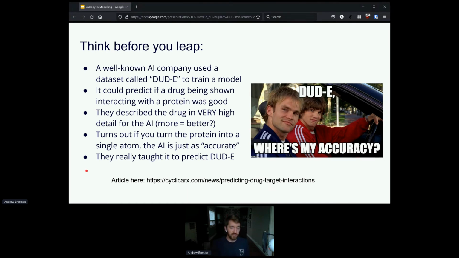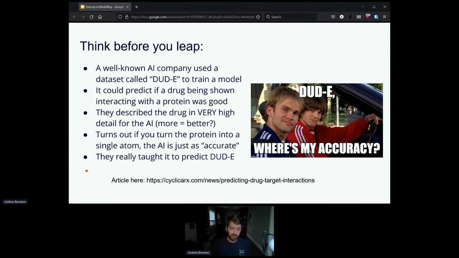That's what they thought they had taught it to do. What they had actually taught it to do was just memorize the training data set, so that you don't even need to look at the atoms in order to know what the prediction is going to be. So it turns out that the model wasn't violating any physical laws about reality, and it wasn't reversing entropy. It simply didn't learn what the creators thought it learned, because that's impossible.